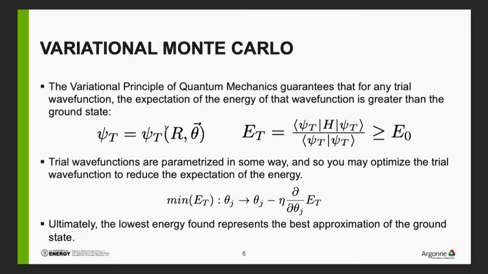You can take this value, E sub T, and differentiate it with respect to your parameter. You know that whatever you get out is going to be still greater than or equal to the ground state energy, no matter how you change your function. So you can minimize that quantity. This is stochastic gradient descent, which you're all familiar with from machine learning maybe. You take your trial function and you keep applying this update until you get to some minimum of your function.